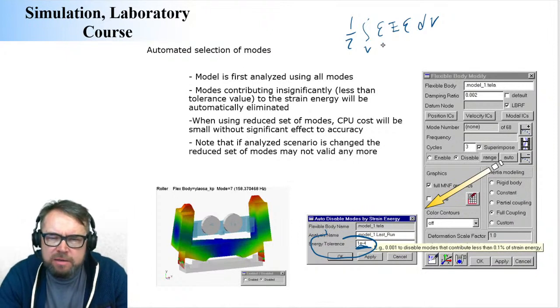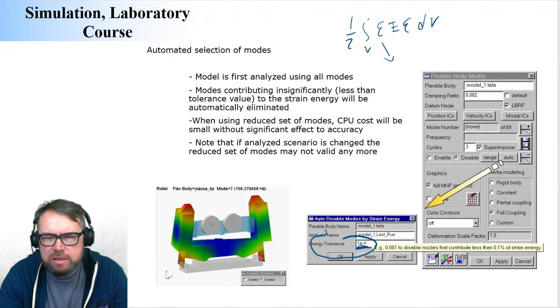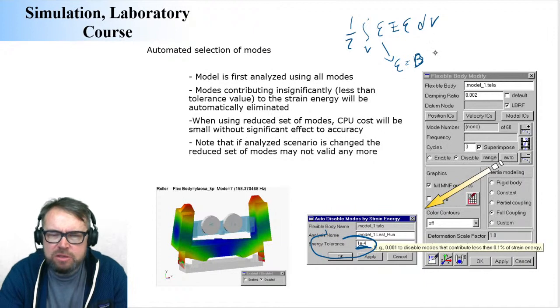Now the strain, you can break down to each one of the modes. Remember that the strain can be expressed by using this B matrix, the kinematic matrix, multiplied by the nodal displacement.